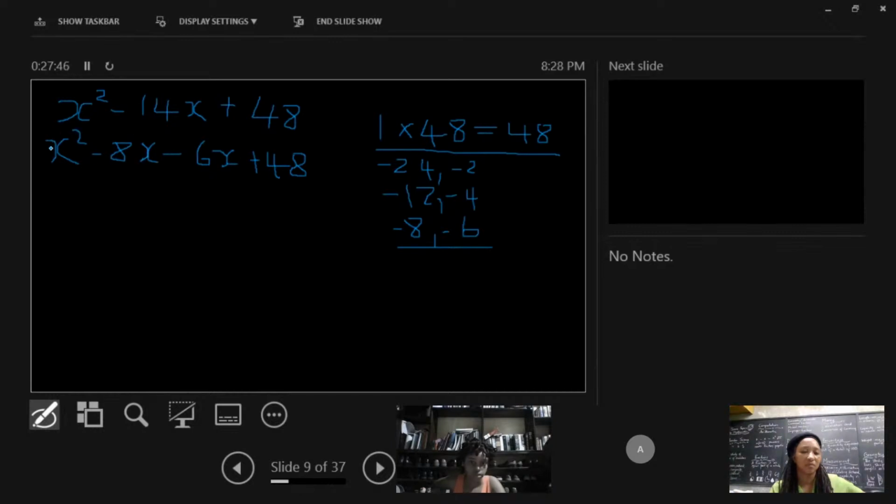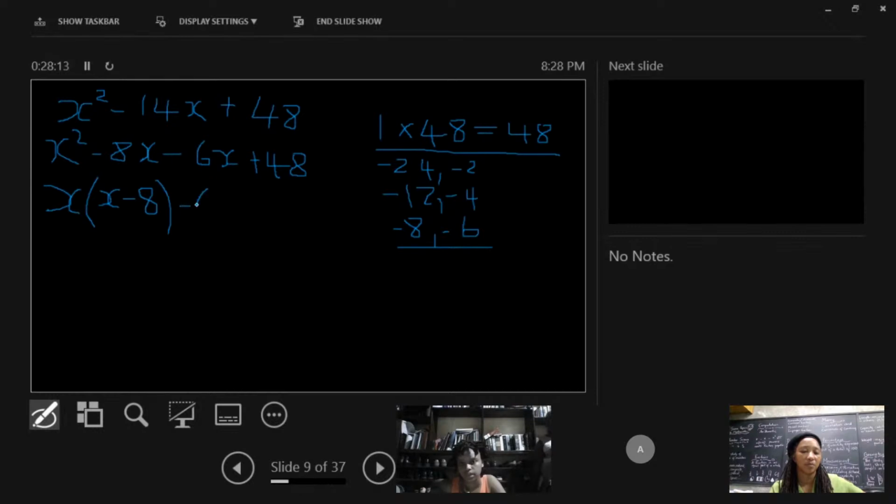Miss, because x can go in. Oh wait, positive x. So x into x squared is going to be x, and x into negative 8x is going to be negative 8. And then for the next one, we could use negative 6.